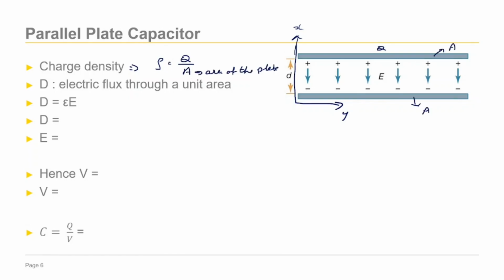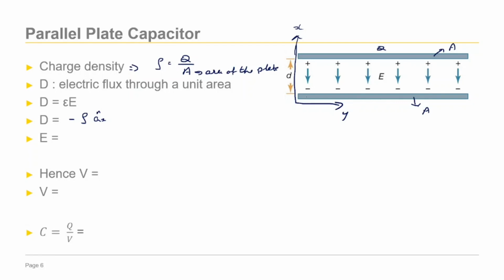If we get a value for charge density, then the electric flux through a unit area, which we define as D, which again takes a value of epsilon E as per our earlier discussions, D over here is going to be negative rho in the AX direction.